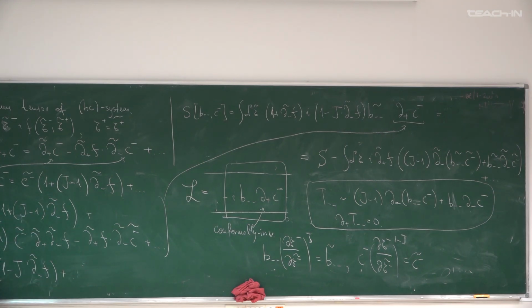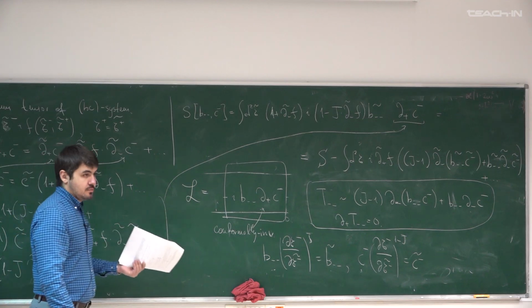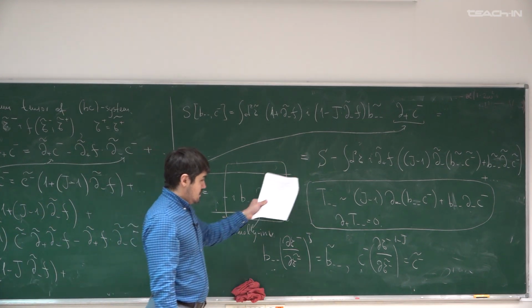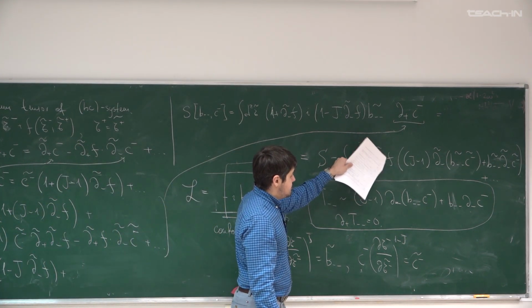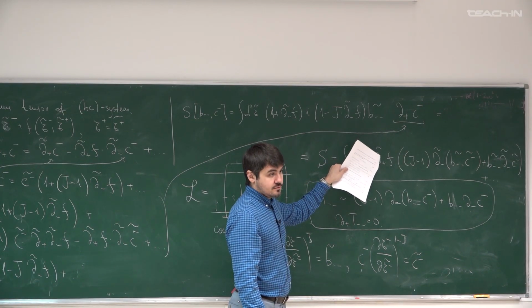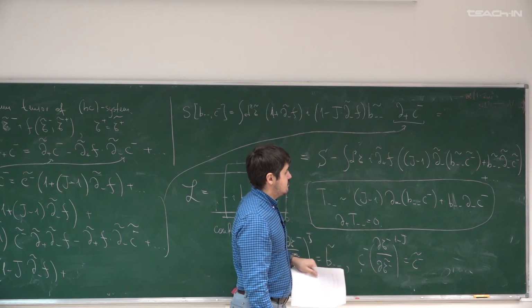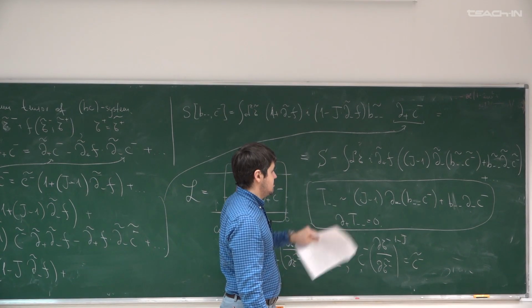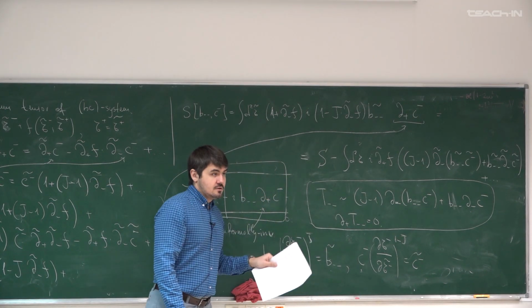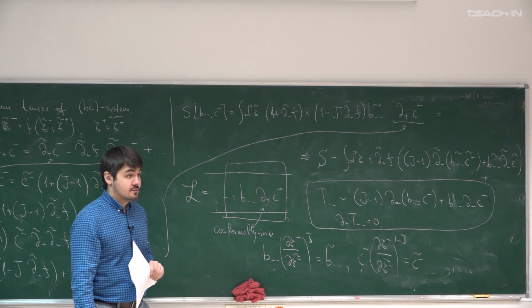So basically we just used Noether's method. We do a transformation depending on space-time coordinates. We find a piece on the variation proportional to the first derivative. So this gives rise to a conserved current. So this is T minus minus, and T plus plus will analogously involve B plus plus and C plus.